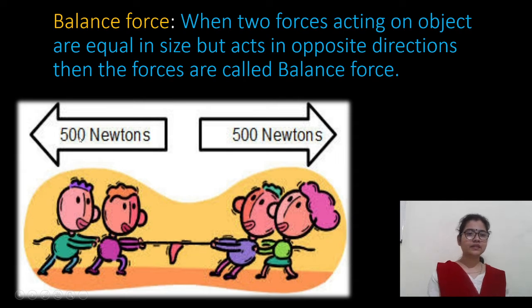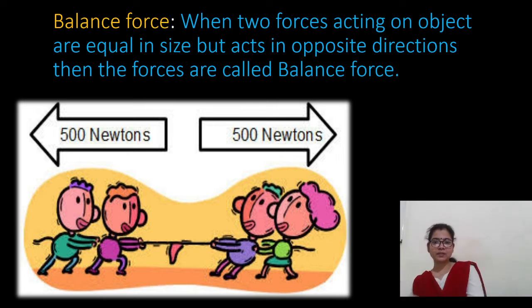These two are applying 500 newton force and pulling toward themselves, and these people are also applying 500 newton force. So in both directions, the quantity of force, that is 500 and 500, is equal and in opposite direction. So the net effective force here is 0 because it will get cancelled out.